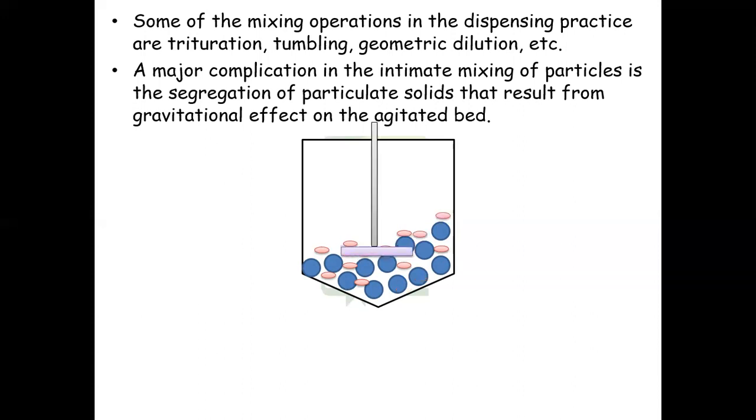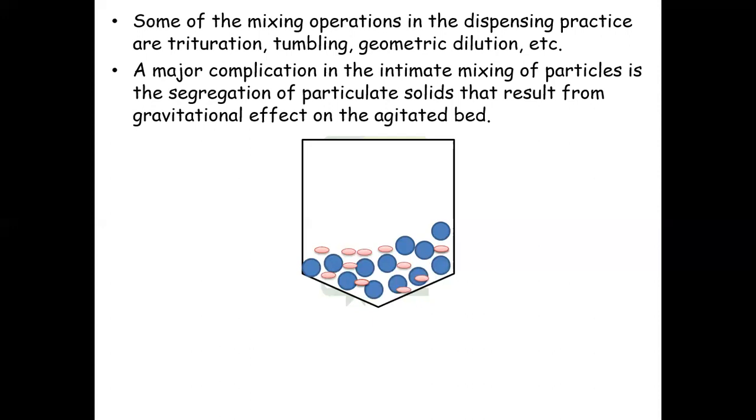Now as you can see here, if you mix this powder blend, the smaller particles fall in the lower region, in between the gaps of the larger particles. So this particle separation depending on the size is a major drawback, and that is called segregation.